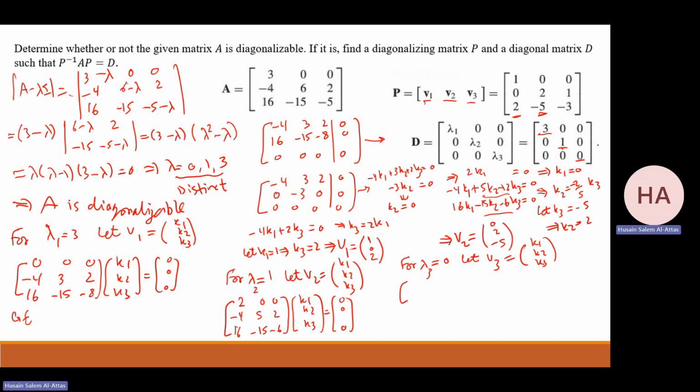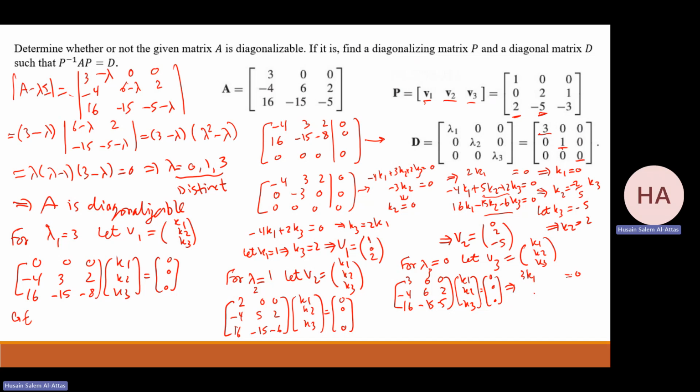This is minus 0, so I have the same equation. So it will be 3, 0, 0, minus 4, 6, 2, 16, minus 15, minus 5, times K1, K2, K3.